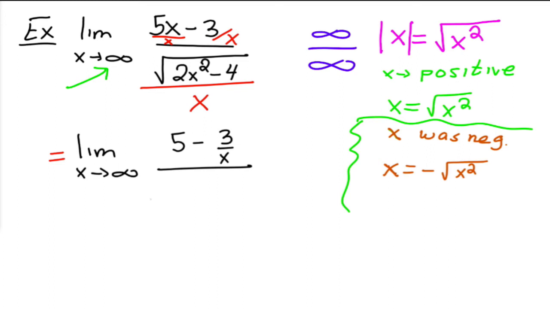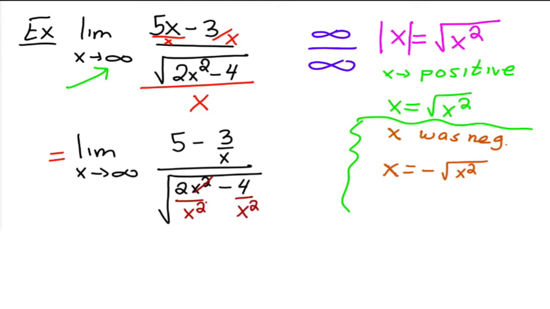Now, for this one though, I'm bringing the x inside as the square root, and let me rewrite this guy. Now inside it would be written as square root of x squared.